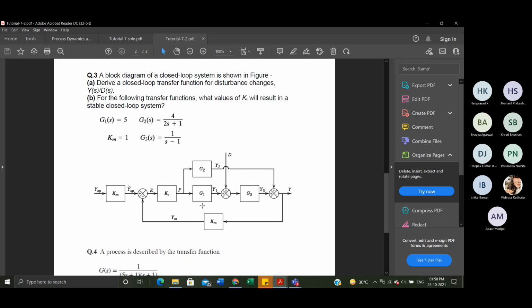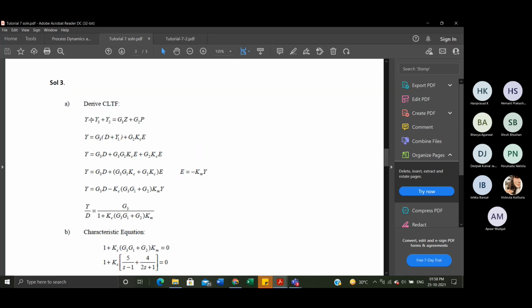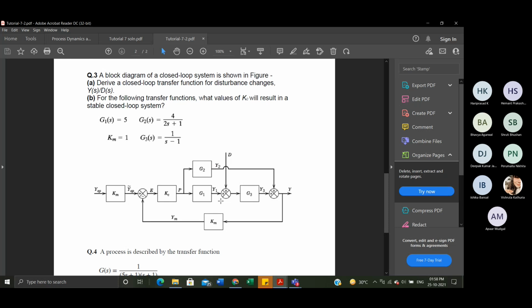To find the value of d, we go backwards till we find all the terms in terms of y. So y equals y3 plus y2. Y3 we wrote as g3 times z, where z is d plus y1. So d plus y1 into g3 equals y3, and y2 equals p into g2.